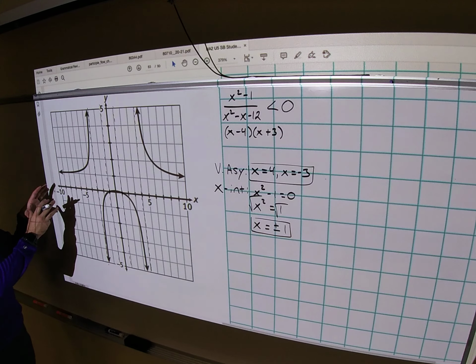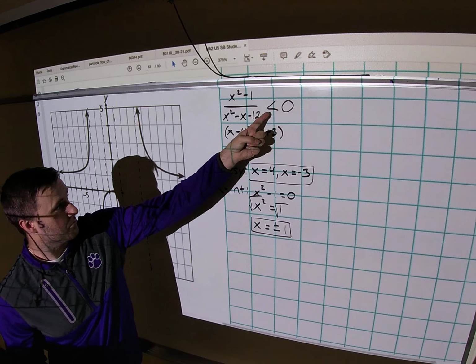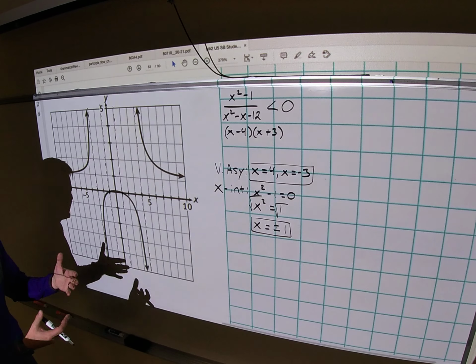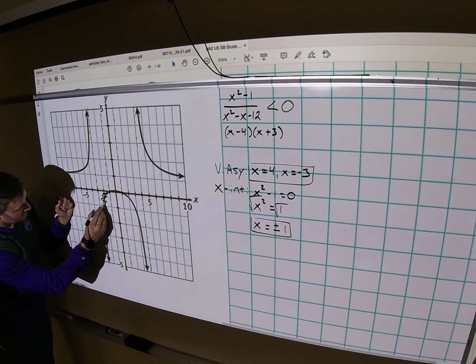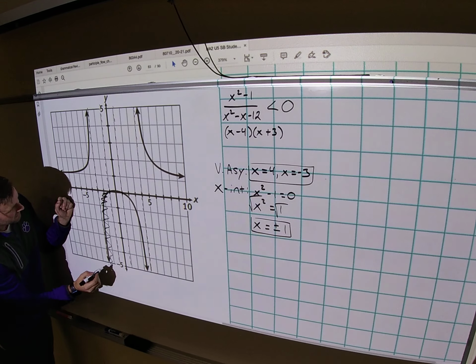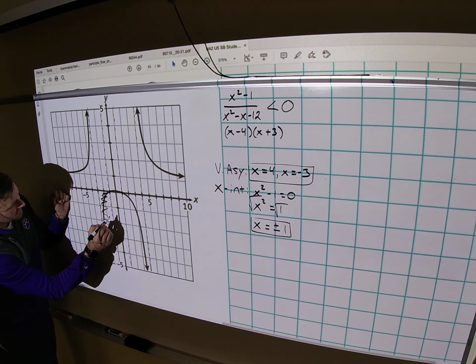What we're going to do is look at and see where is this below my x-axis. Where is this less than 0? Well, it looks like it's less than 0. Do you see this? It looks like it's less than 0 right here. And it looks like it's less than 0 right here. So we have 2 sections where it's less than 0. So where is this inequality going to be true?